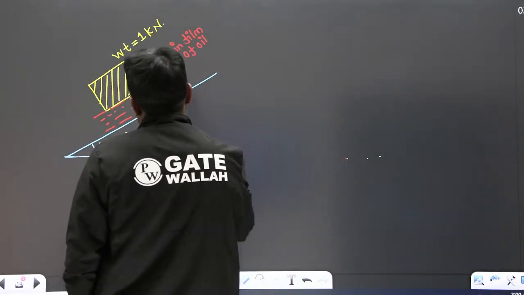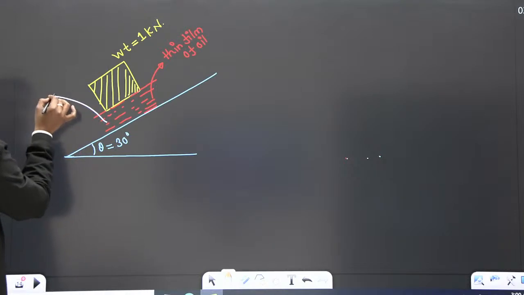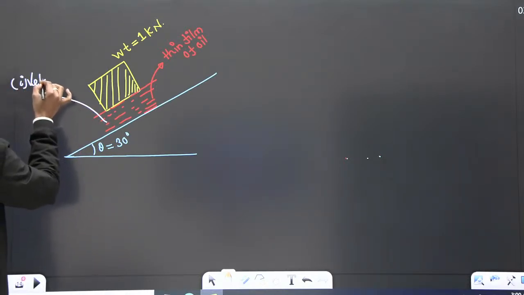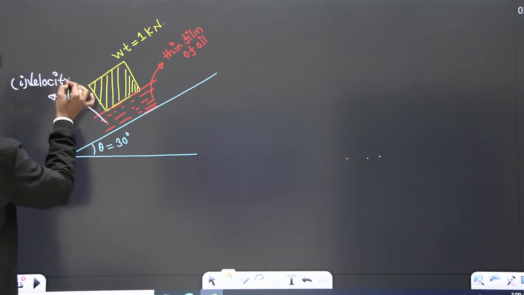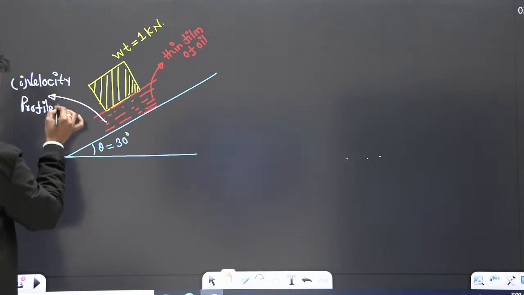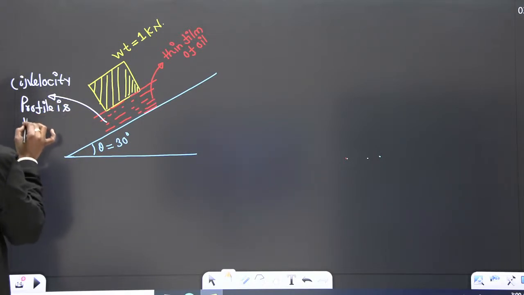And in this oil medium, they have already mentioned that the velocity profile is linear.